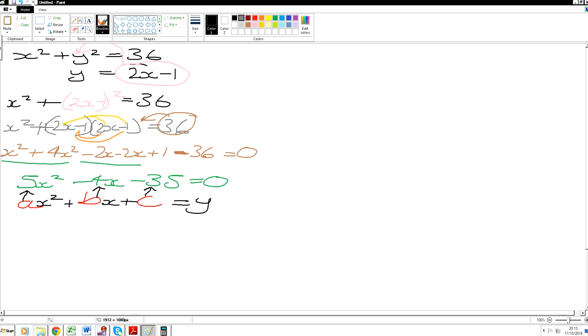Okay, now we need to do the quadratic equation. The quadratic formula is what? So we say x is equal to minus b plus minus square root of b squared minus 4ac, all of that divided by 2a. Let's start putting the values in.